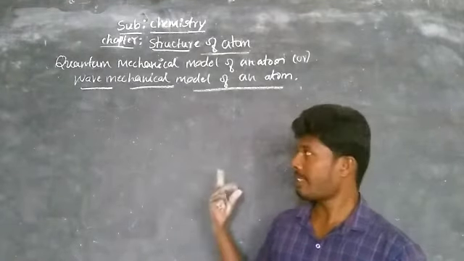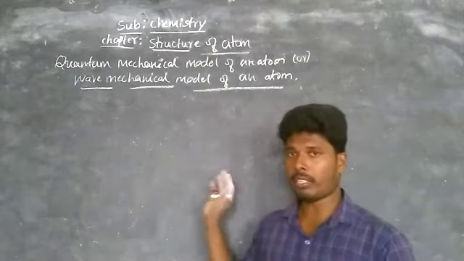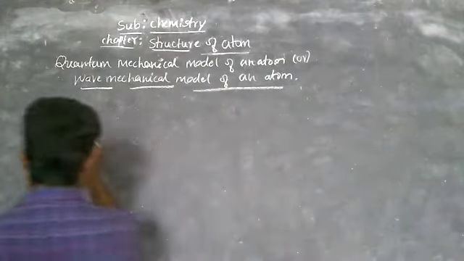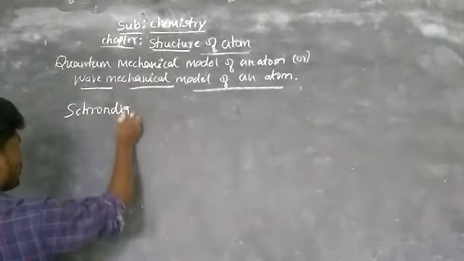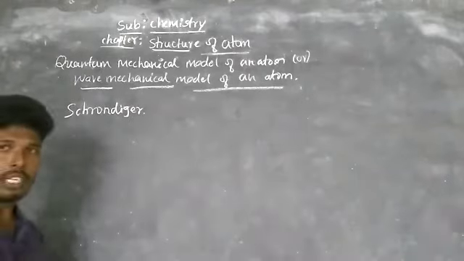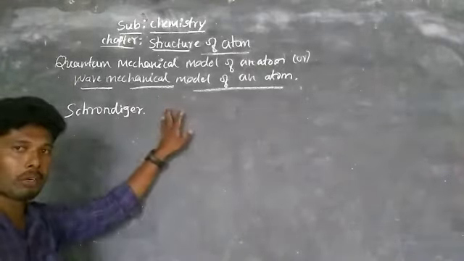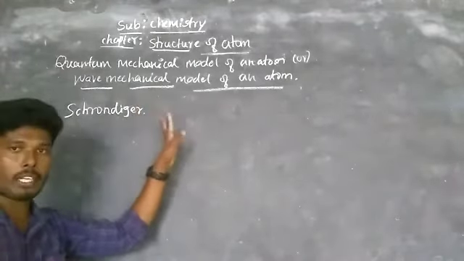That is said by the scientist de Broglie. Based on that concept, Schrödinger observed that particles or electrons are substances having both wave character as well as particle character.